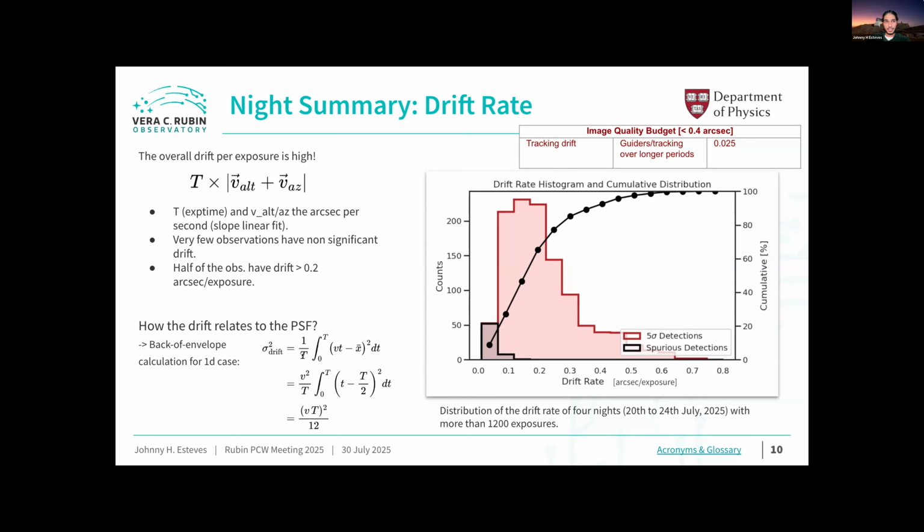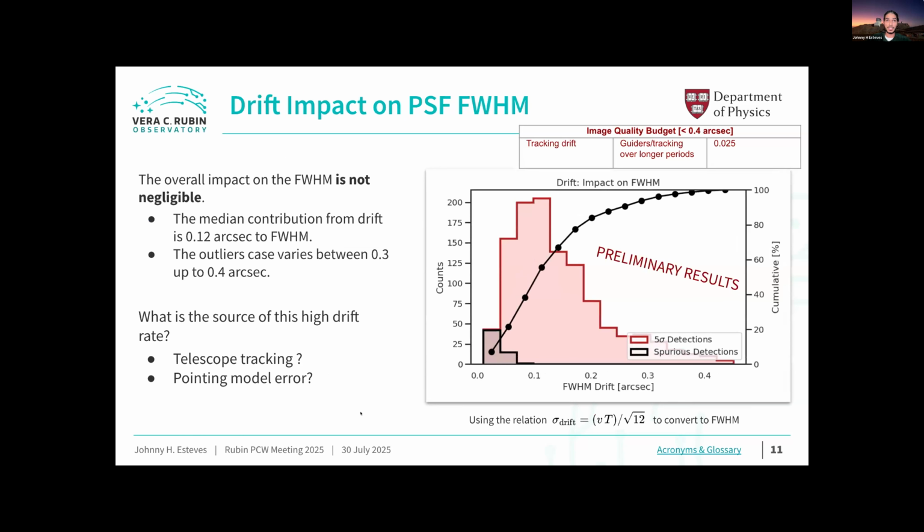Just assuming that the center is moving with a constant velocity and calculating the variance, the sigma of the drift should be this number divided by the square root of 12.